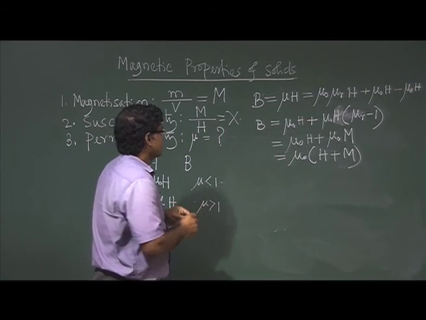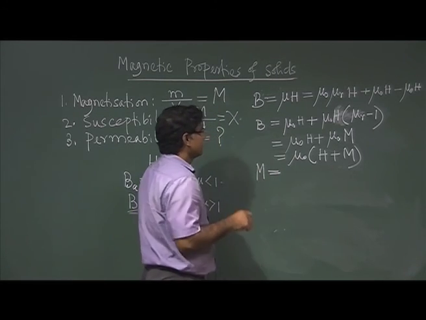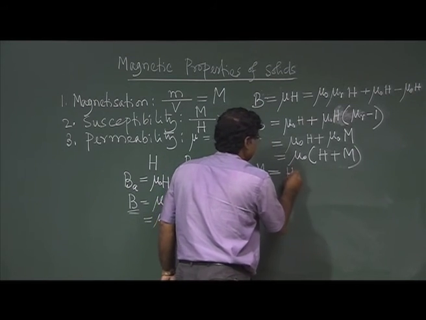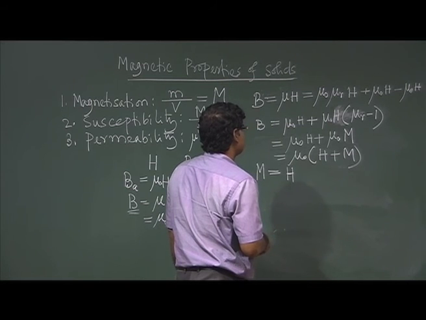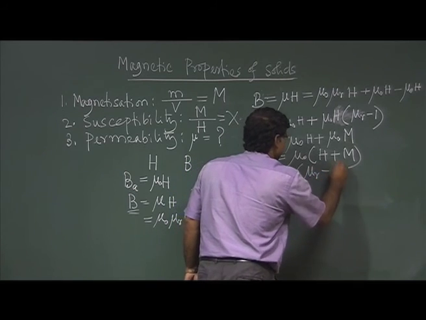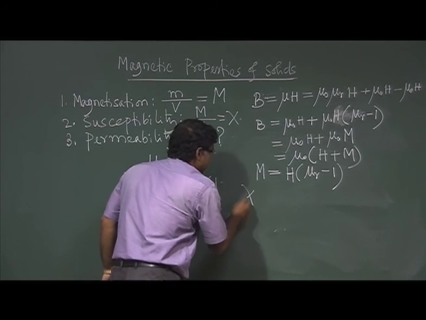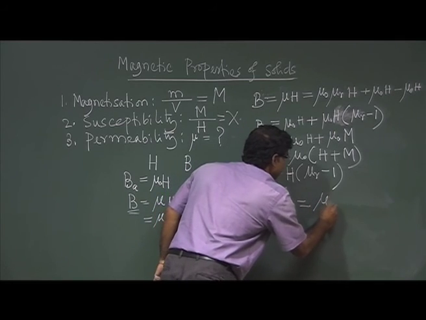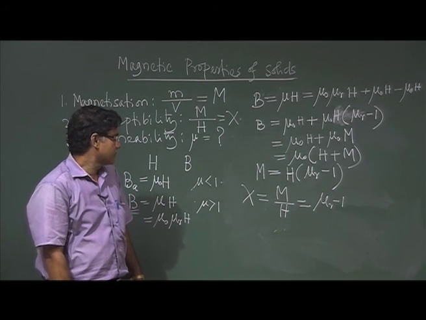So, then we are getting M equal to H, the external magnetic field whatever we have applied, times mu r minus 1, right. So, chi equal to M by H is nothing but mu r minus 1, right.